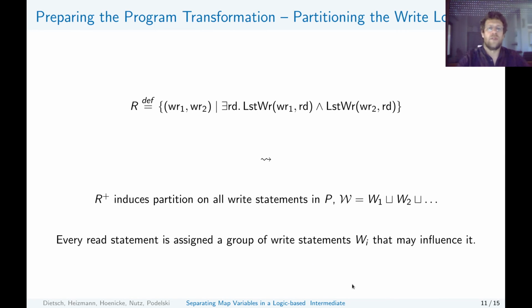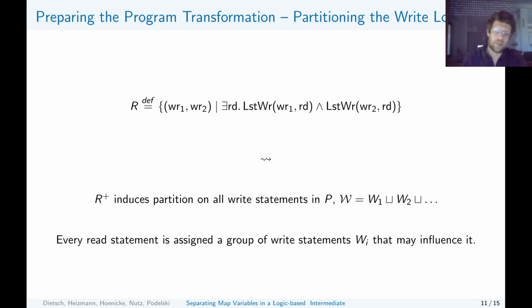When we have a result from that domain, it can be any approximation of our last writes relation, but if we have that, we can easily construct an equivalence relation over the write statements in our program by relating all the write statements that may influence the same read, and then computing the transitive closure, which will give us an equivalence relation.